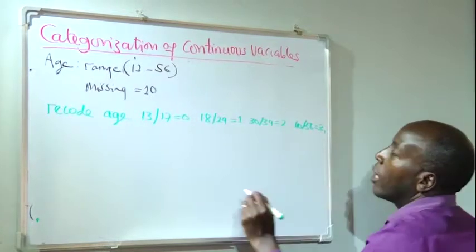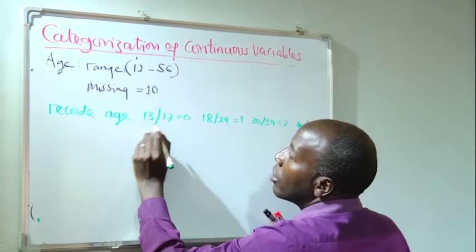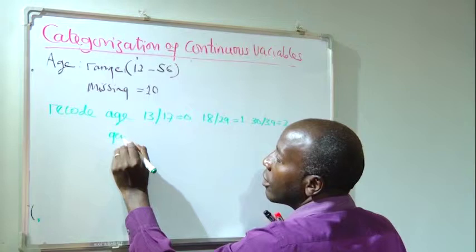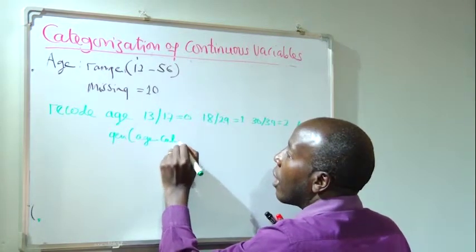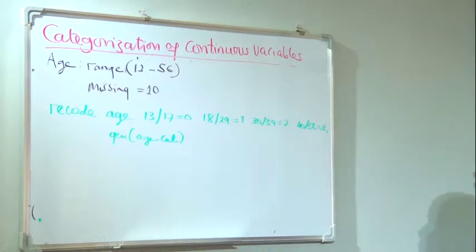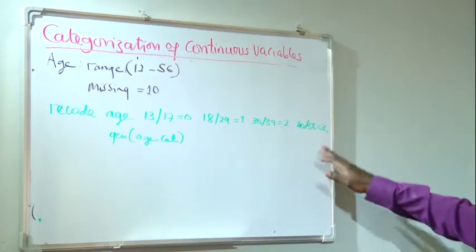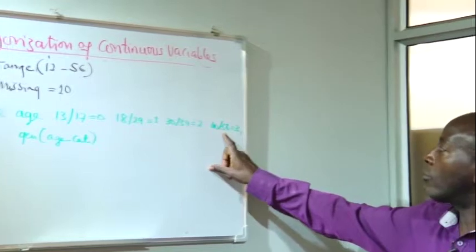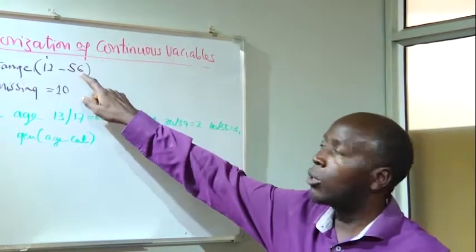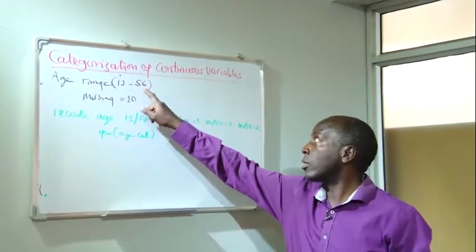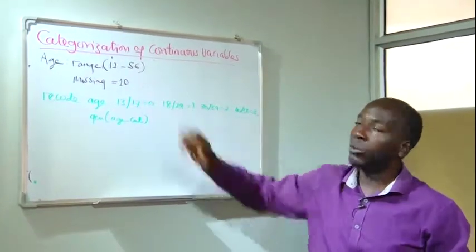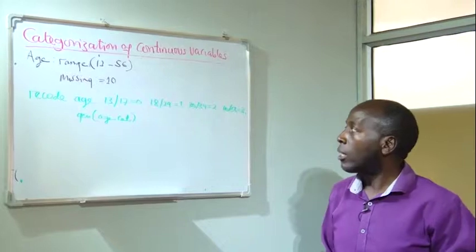Then you put a comma and you say, after you've recorded this age, then generate a new variable, which is age cut. So that way, you are avoiding the issue of missingness because you are using 40 to 56, which is the actual range. You know the range, the upper range stops at 56. So here, you are not going to include these missing people.